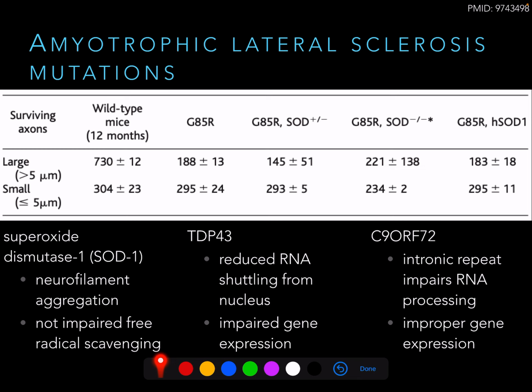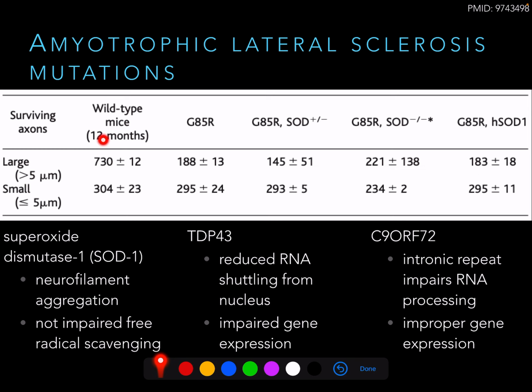Some folks still think that. I don't want you to think that because you might have read the textbook. That's not true. If that were true, then the data that we're looking at here wouldn't exist. All right, so what's going on here is we're looking at the survival of large, that is the motor neurons, and small axons. So really we just care about the top here.